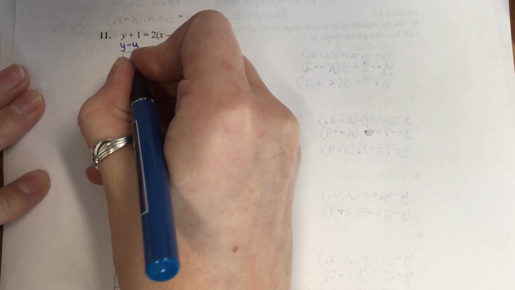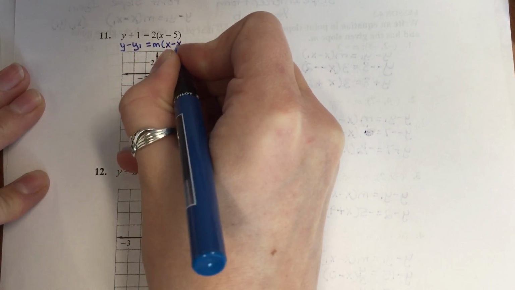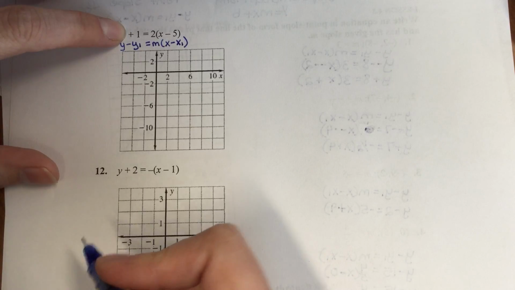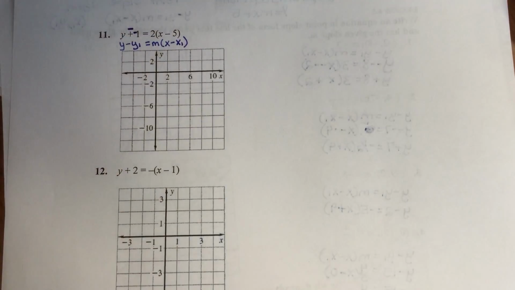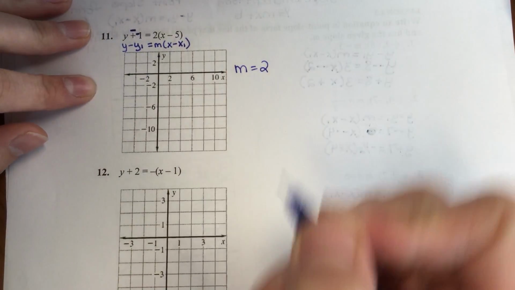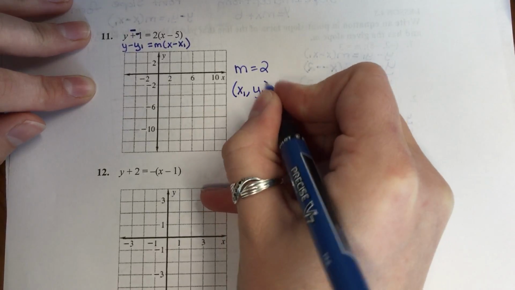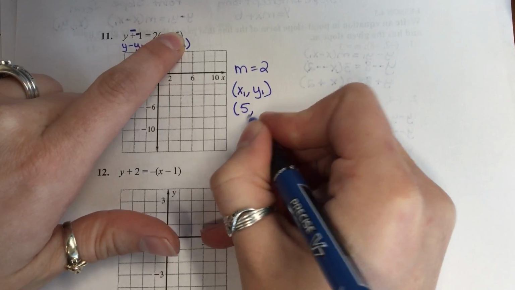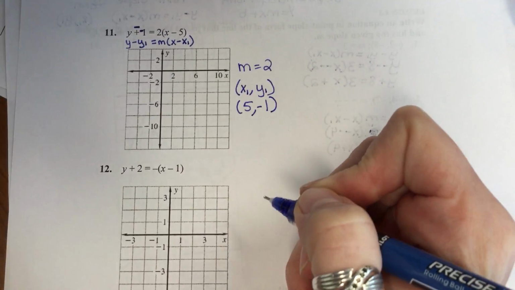Y minus y1 equals m times x minus x1. Okay, in order for that to be a plus, that would mean we were subtracting a negative, correct? Okay, so m is 2, x1, y1. x1 is 5, and y1 is negative 1.